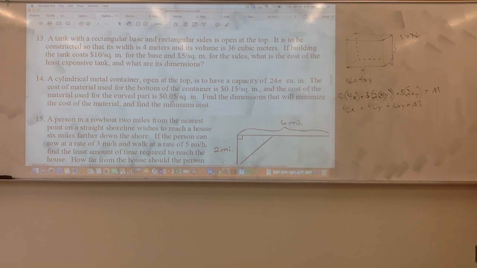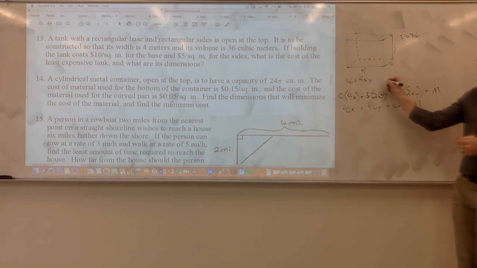Which one do we want to solve for? In this case, it doesn't matter at all. Sure, we can solve for x.